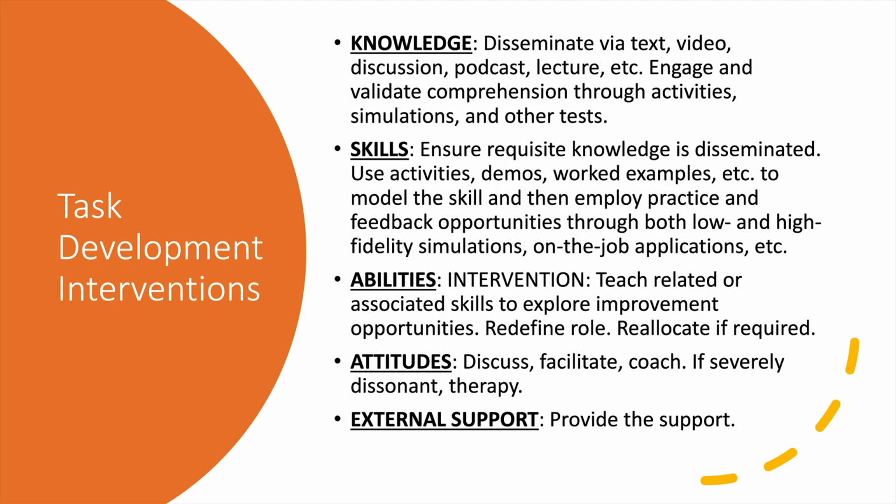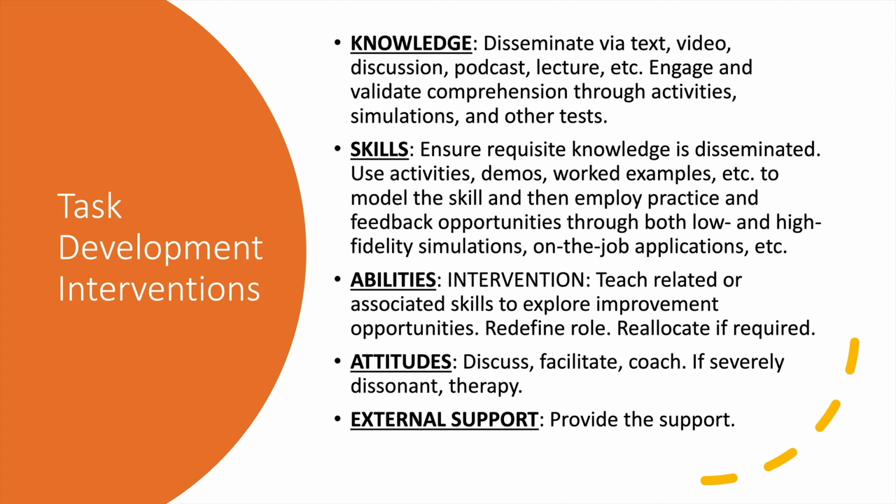So here is just a better set of definitions for what we do once we identify whether there's a knowledge, skill, ability, attitudinal, or external support gap. For more information on what these things are, check out the next video and the next blink, and that'll go into more depth on what each of these are specifically.